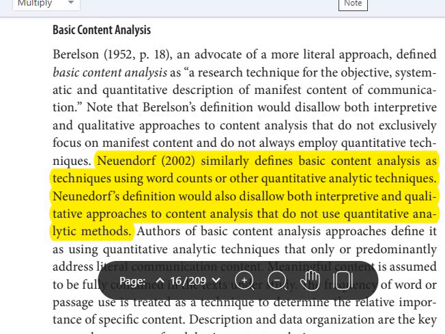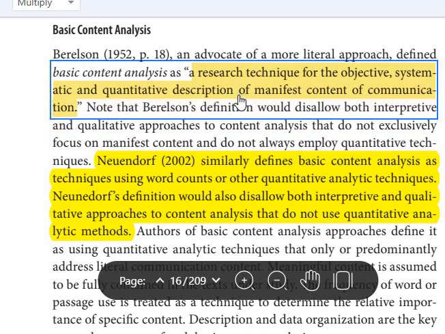Now it says here that the basic content analysis is defined by Berelson, 1952, as a research technique for the objective, systematic, and quantitative description of manifest content of communication. So this is the most important thing to remember about the basic, that it is used for presenting an objective, systematic, and quantitative description of communication.